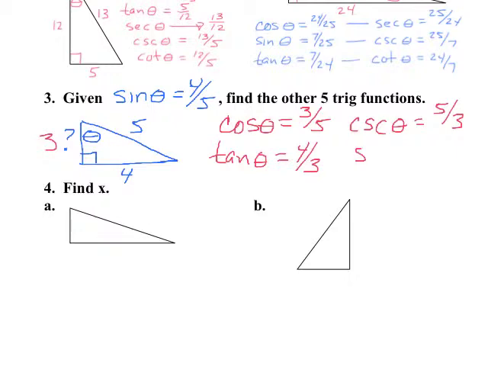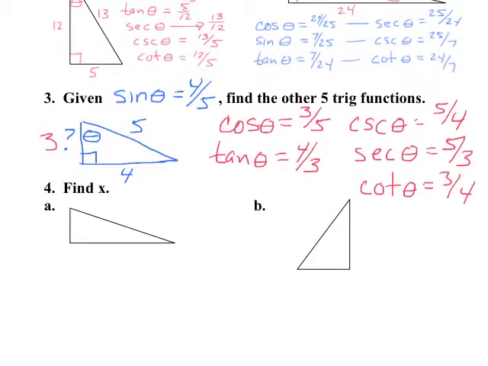Secant, pardon me, cosecant's not 5/3. Cosecant, remember, is flipping sine over, so it would actually be 5/4. While secant of theta would be 5/3, because that's 1 over cosine. And cotangent of theta would be 3/4, just like that. Okay? Hopefully, so far so good.